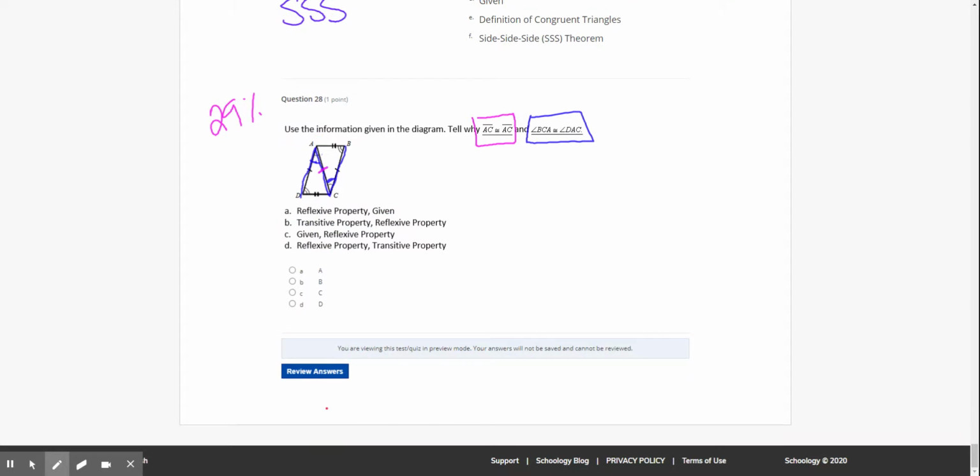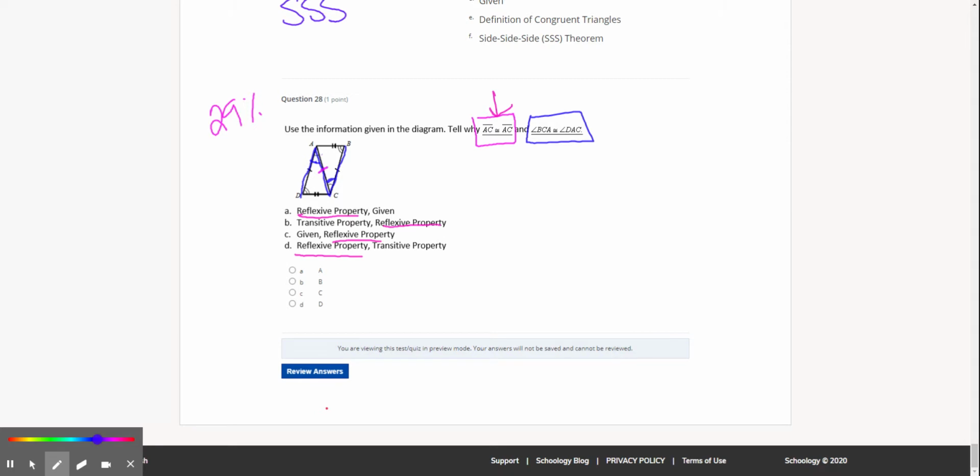What about this one? I've got something pink. Why can I mark that pink thing? Reflexive. So I've got reflexive property and I've got reflexive property. Oh, and I've got reflexive property and I've got reflexive property. So I'm thinking it's probably A or D. I'm not thinking that that goes at the end, but let's see what else we come up with.